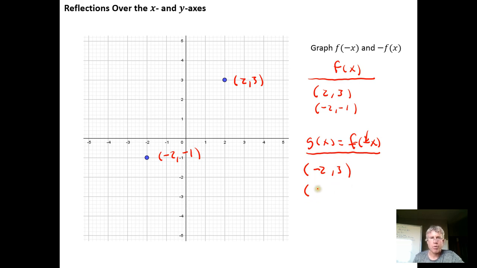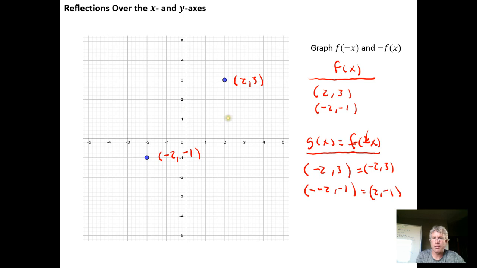And then I have the other point, (-2, -1), and this negation says to make g of x put a negative sign in front of that input variable. If we do that, we wind up with (-2, 3), and here we get an ordered pair that is a double negation, so that makes that a (2, -1).